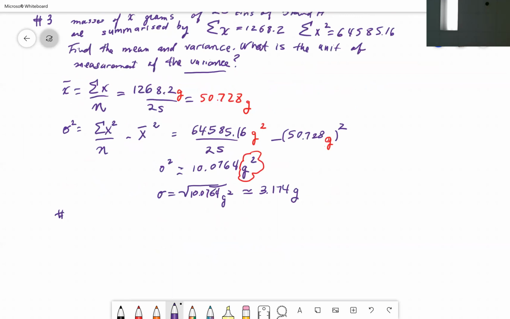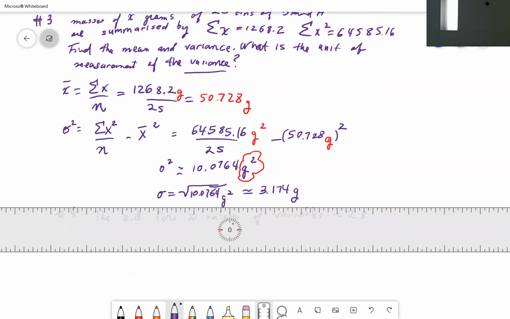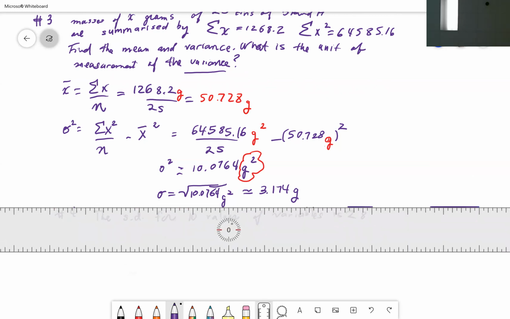Number 4 says the standard deviation of 10 values of a variable is 2.8. Now, my advice to you is that you try these problems on your own, especially if you didn't do your homework.